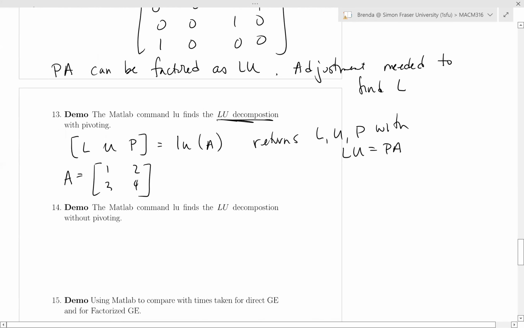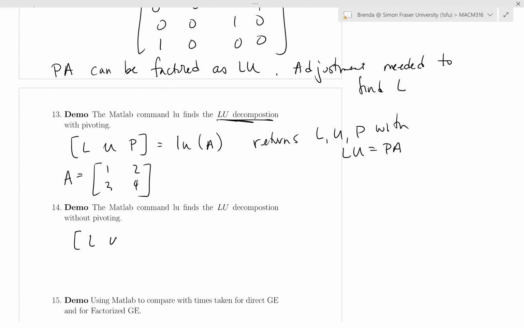If you wish to try that without pivoting, you do it like this, L, U, and you don't ask for P. If I do this with this matrix, let me just show you. I tell MATLAB to do this, and you'll get this.